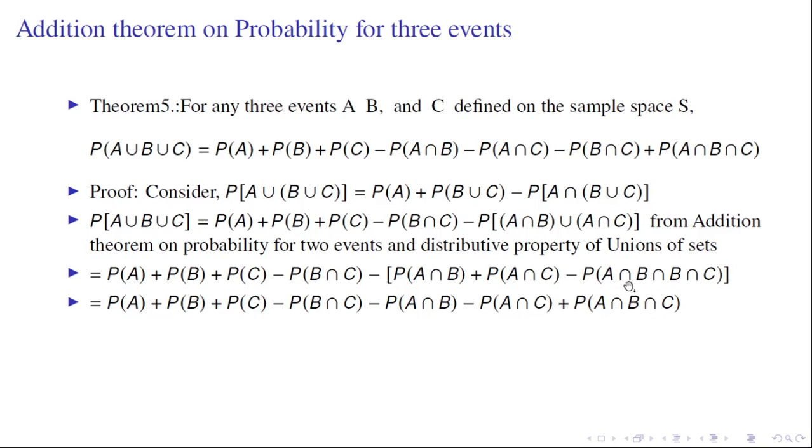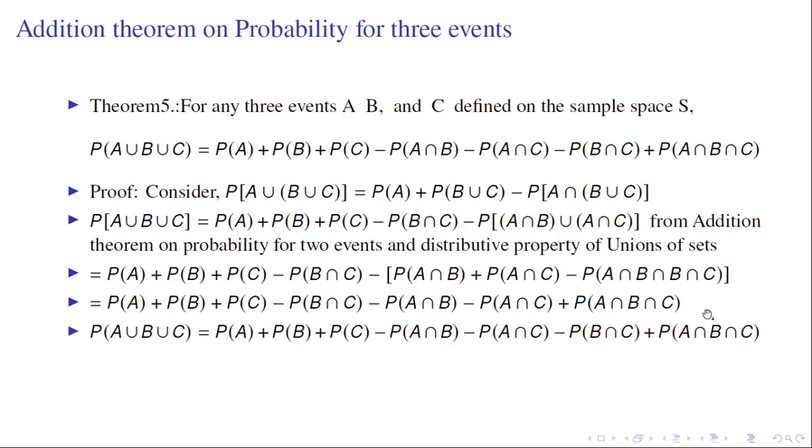We can write this as the intersection of three events, probability of A intersection B intersection C. So we have probability of A union B union C equal to the addition of three single terms minus the intersection of three double terms plus the intersection of three terms. So this is the addition theorem on probability for three events.